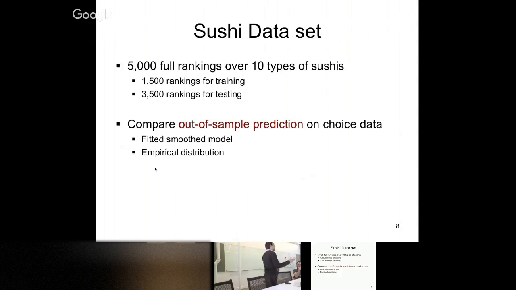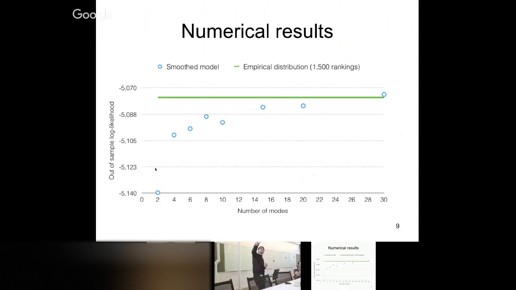We compared the out of sample log likelihood on choices between the empirical and the mixture of Mallows, and this is what we got. With a mixture of 30 Mallows, we were able to match the empirical with 1,500 rankings. So we are basically maintaining only 30 ranks as opposed to 1,500 empirical ranks. Okay.